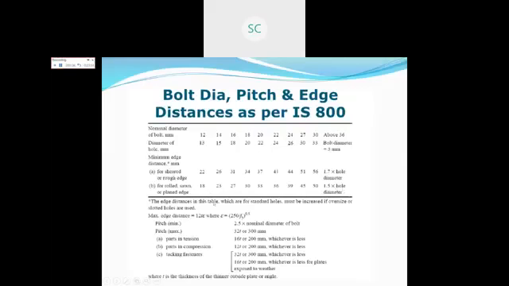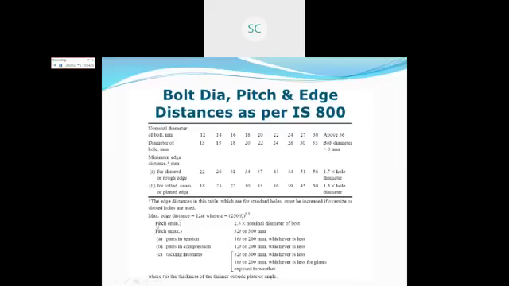Edge distance in this table, which is for standard holes, must be increased if oversized or slotted holes are used. Maximum edge distance is 12 times epsilon, where epsilon equals root of 250 by Fy. Pitch minimum is 2.5 times the nominal diameter of bolt. Pitch maximum is 32 times T or 300 mm, whichever is less.